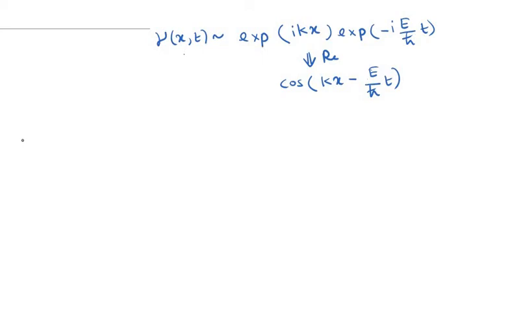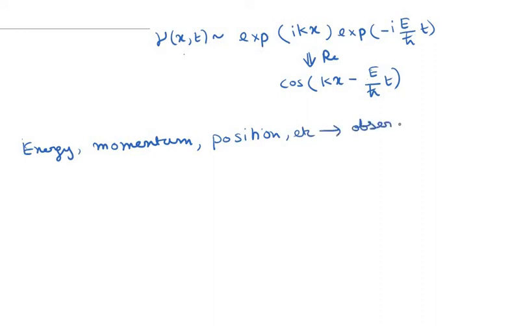So all these things, energy, momentum, position, etc., are observables, and hence they have to be real numbers. Since these should always be real numbers, the operators corresponding to these observables are Hermitian operators.